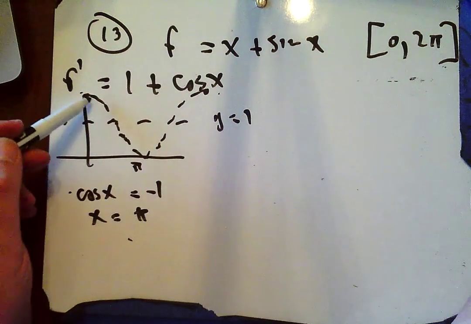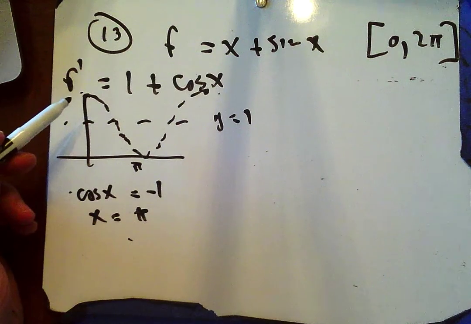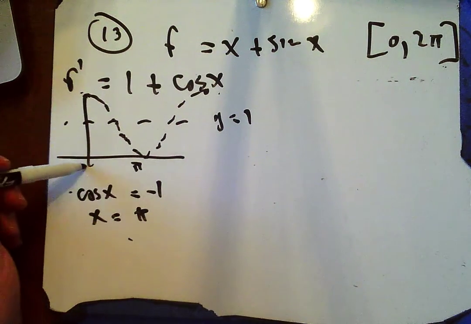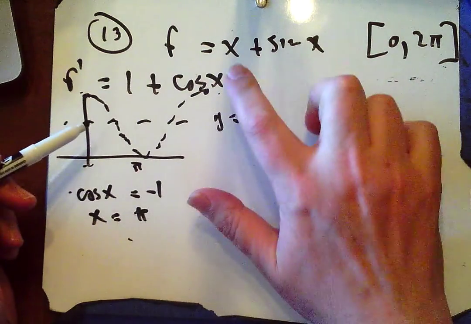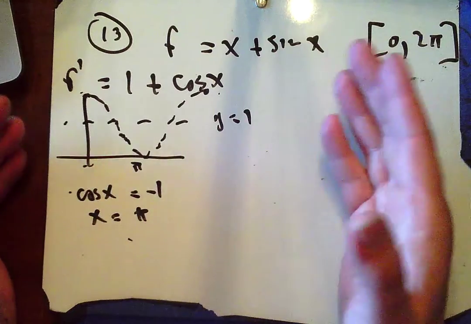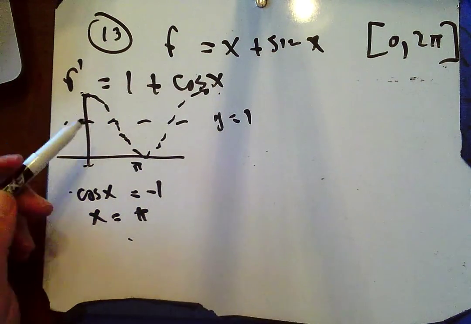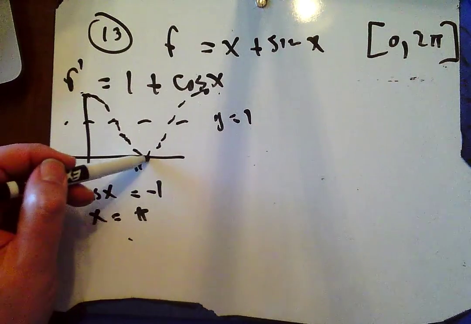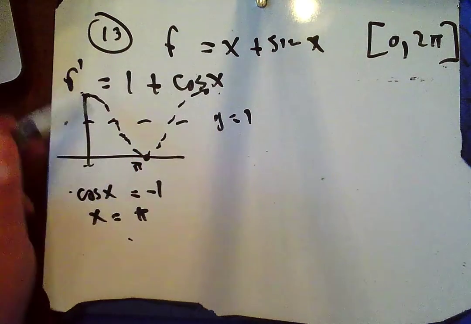Plus 1 is 2. Oh, no, not here. That's very interesting. What am I missing? At 0, cosine of 0 is 1. No, that's good. Oh, it's because I'm graphing this. This is the derivative graph. The second derivative has zeros here, here, and here. Not the first derivative. The first derivative has only one 0, at x equals pi. And that's what I'm looking at.